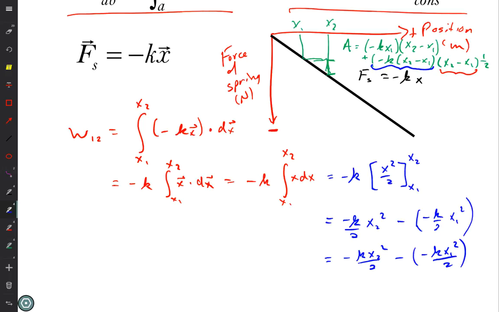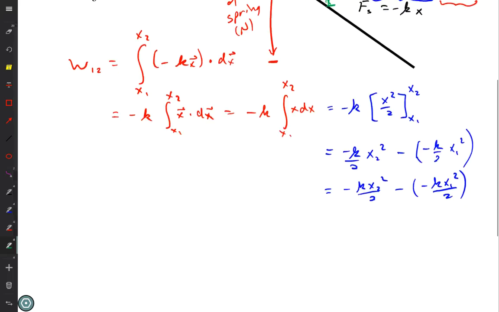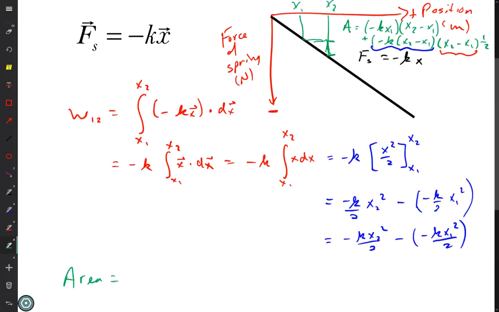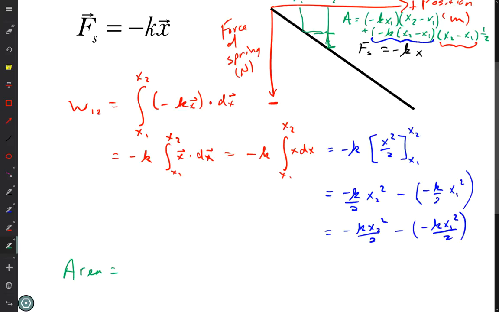Now let's compare that to what we had for the area, just to make sure that the area was right. So if we multiply through on that area, I'll have minus k x1 x2 plus k x1 squared. So that's the rectangle portion.